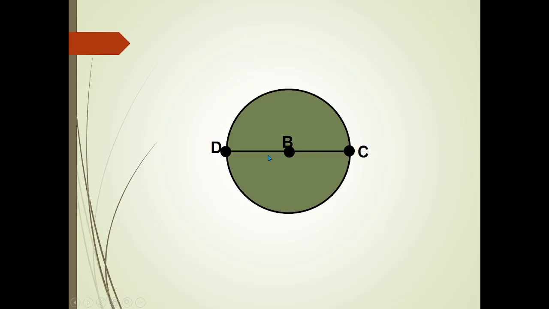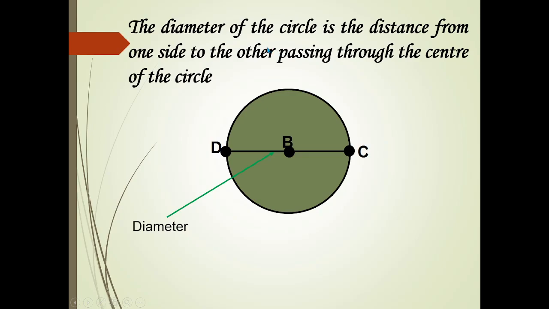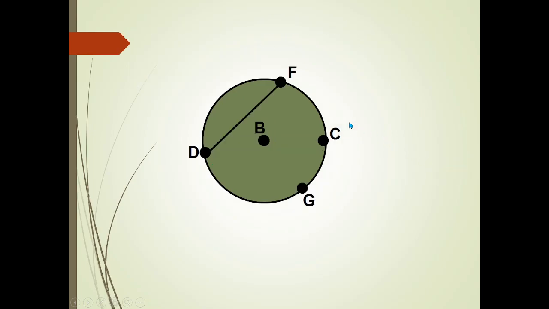Then there's another segment here, which is called the diameter. Diameter is the distance from one side to the other passing through the center of the circle. So it should pass the center of the circle. In this figure, the diameter is line segment DC or vice versa, line segment CD.